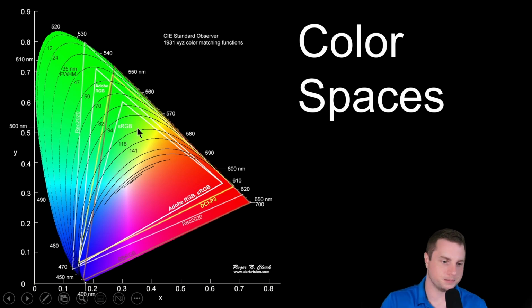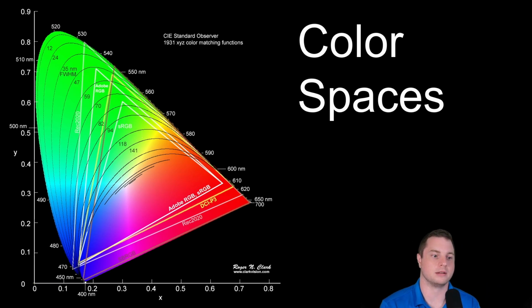This little color space shape with the rounded green up top is the perceivable color of humans. Notice that Rec 2020 gets very, very close to that green.